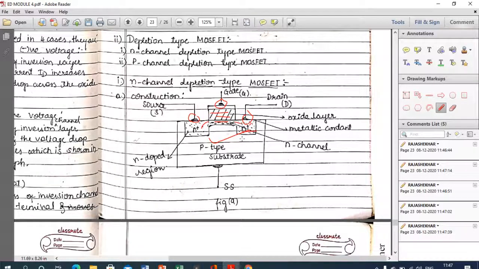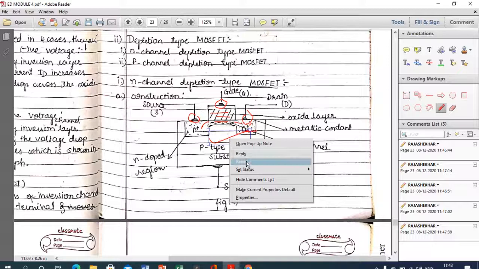It is constructed in such a way that it contains a channel between the two n-doped regions, which are called drain and source. So this is the construction of the n-channel depletion type MOSFET.